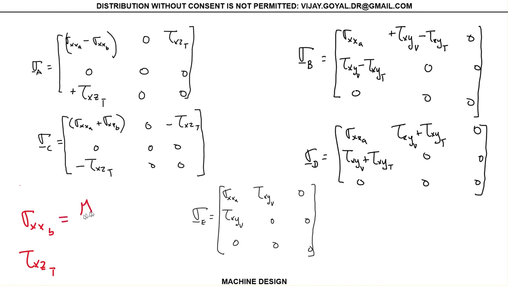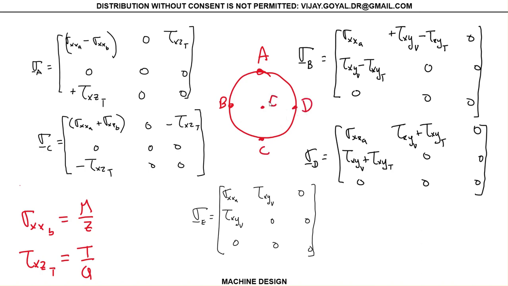This is M over Z. This is T over Q. So here you see from all these states of stress, my point E, and if we draw this circle just to have it, A, B, C, D, and E, what you can see is exactly the only point here that does not have bending stresses.